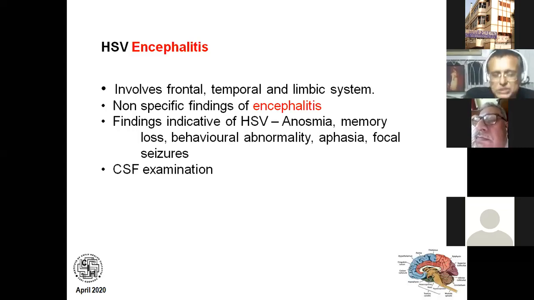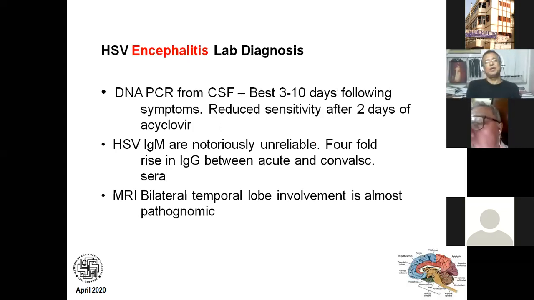The diagnosis is usually done by doing a DNA PCR in the CSF. It is best done after 3 days following symptoms. If you do it very early, within a day or two, you might not get a positive DNA PCR. And it should always be done before starting acyclovir, because once you start acyclovir, the chances of getting a positive DNA PCR are less.